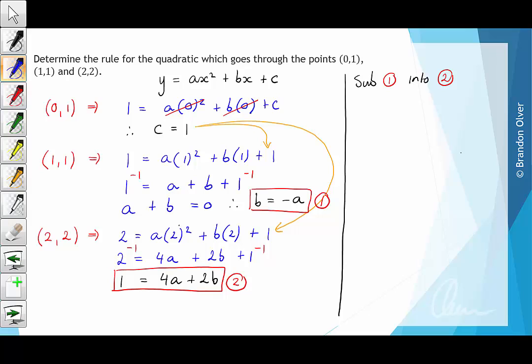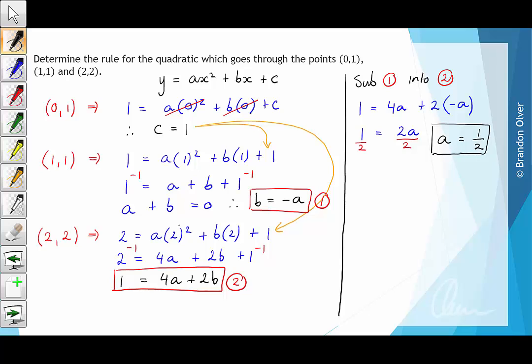When we do that, equation 2 becomes 1 = 4a + 2 times b, which is just negative a. So on the right hand side we have 4a - 2a, so we get 1 = 2a. If we divide both sides by the coefficient of a, which is 2, we get that a = 1/2.